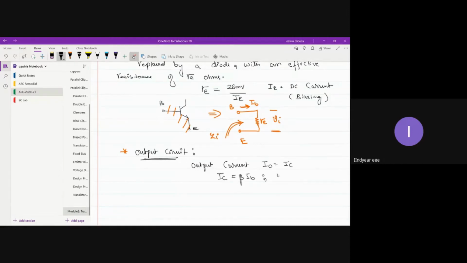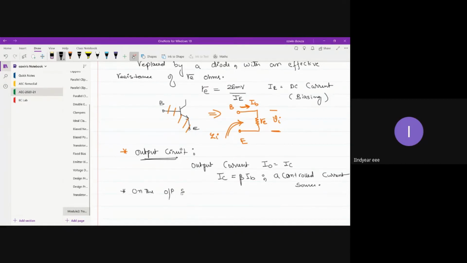Beta is a current gain, a dimensionless entity. So IC can be represented as a controlled current source. We say in network analysis something like current controlled source, right? So the value of IC is controlled by IB by a factor of beta.